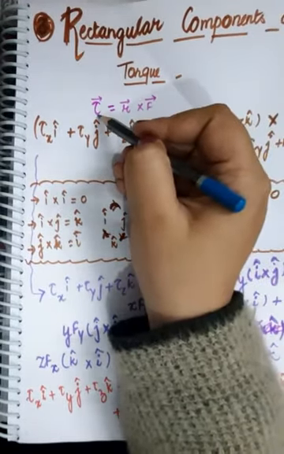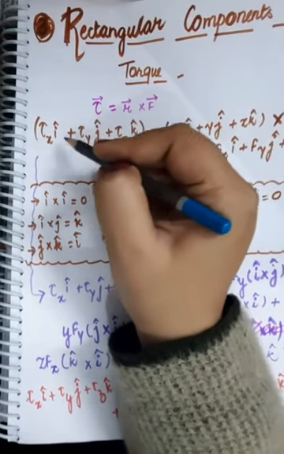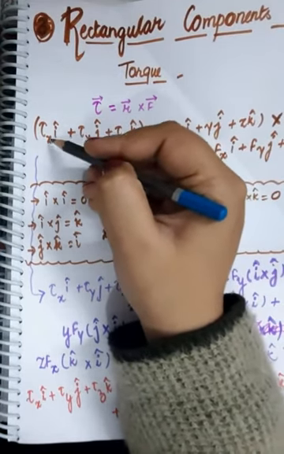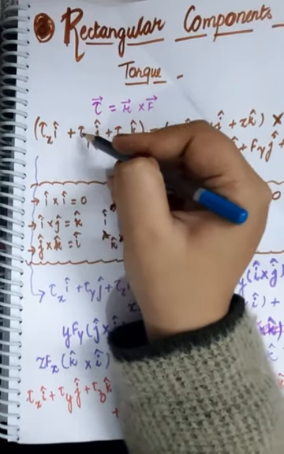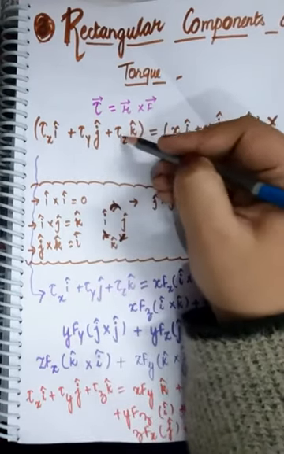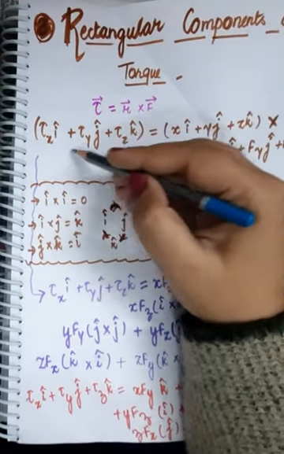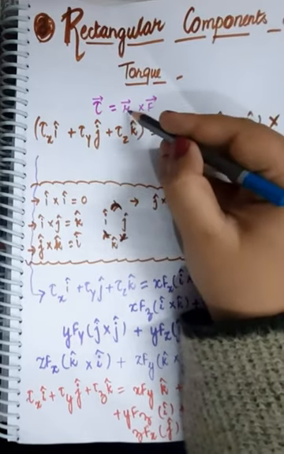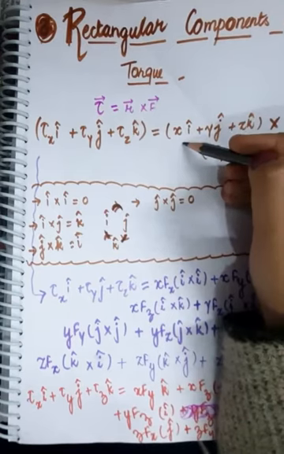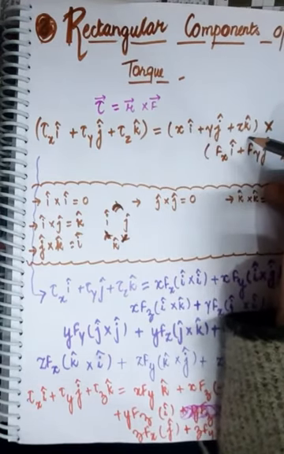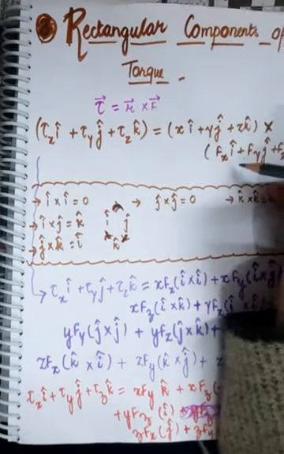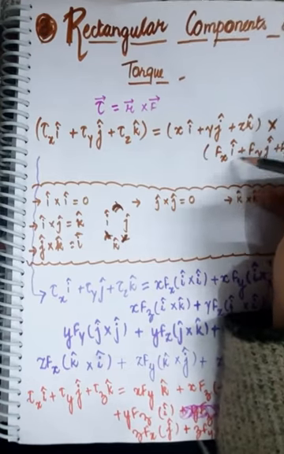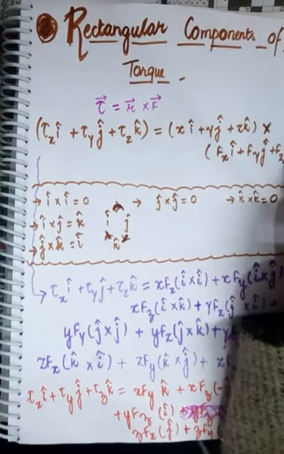Tau vector in component form is written as tau x i cap, tau y j cap, tau z k cap, where all of them are the components of torque. Similarly, r vector can be written as x i cap plus y j cap plus z k cap, and F vector can be written as Fx i cap, Fy j cap, Fz k cap.